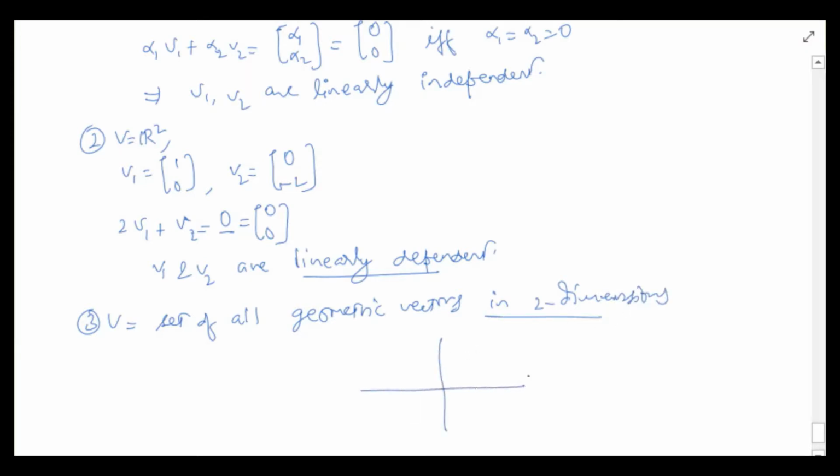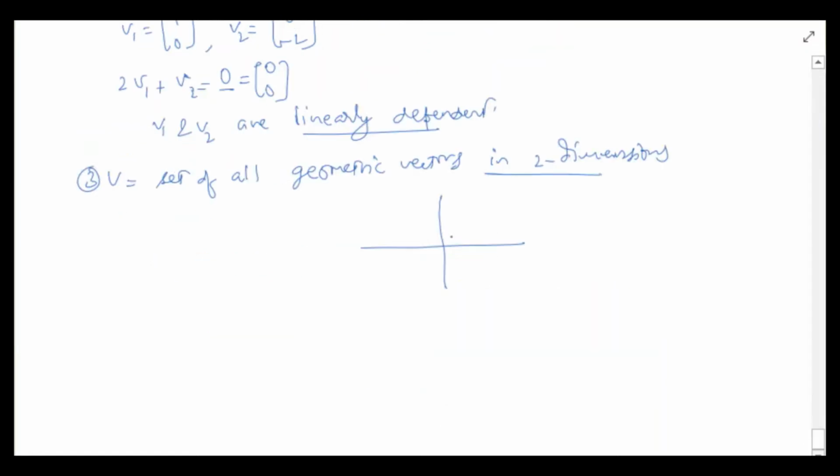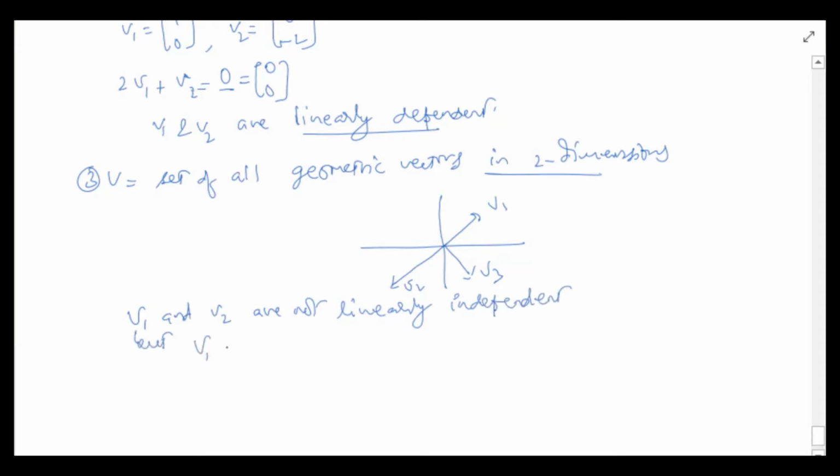So this is my V. In this case, again I take, let's say, 3 vectors, V1, V2, and let's say this is V3. V1 and V2 are not linearly independent, but V1 and V3 are.